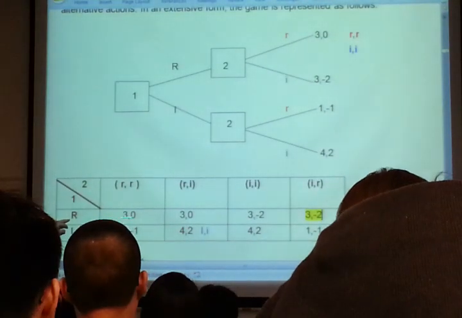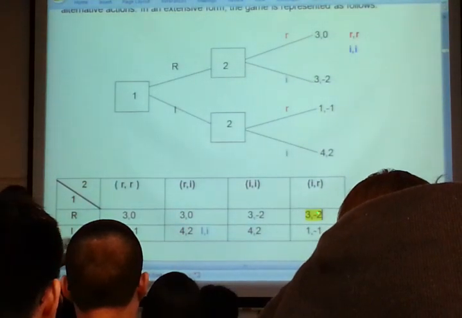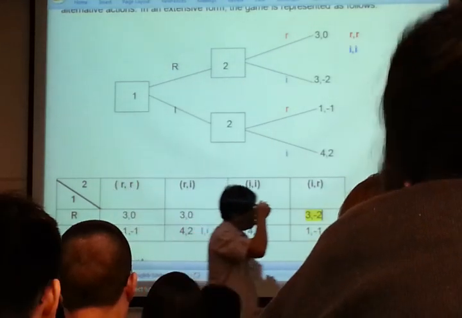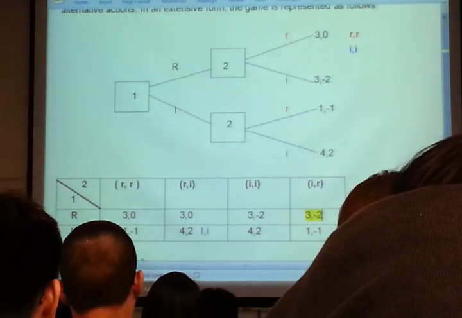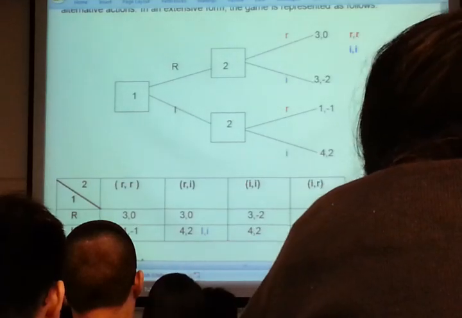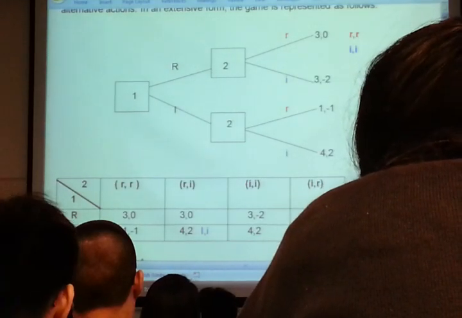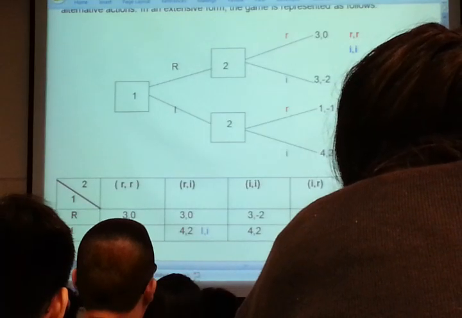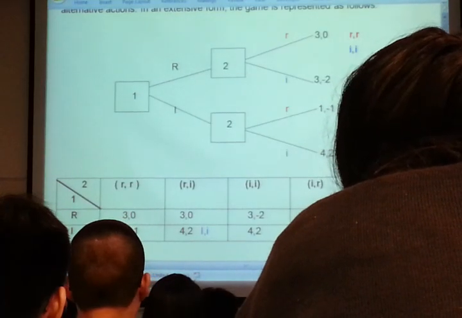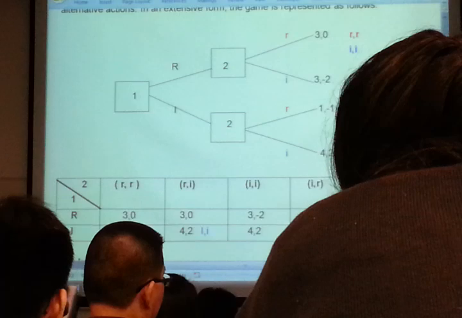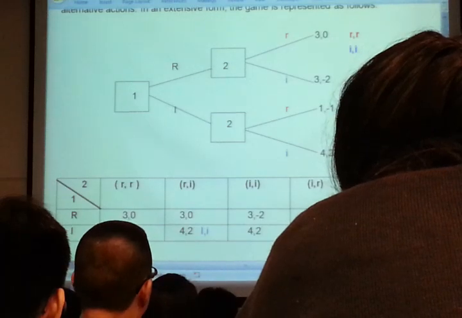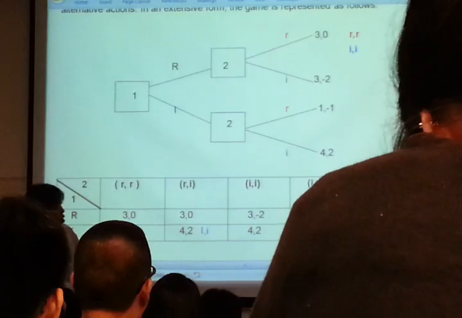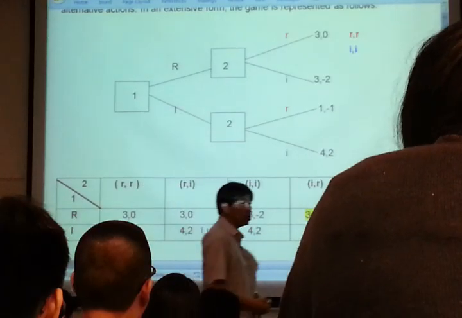Player 1 plays big R, player 2 plays small l or small r. Okay, player 1 is the row player in strategies, either this or this, right? Column player, the strategy is either this. So we said before, player 1 plays big R, player 2 plays what? Small l or small r.